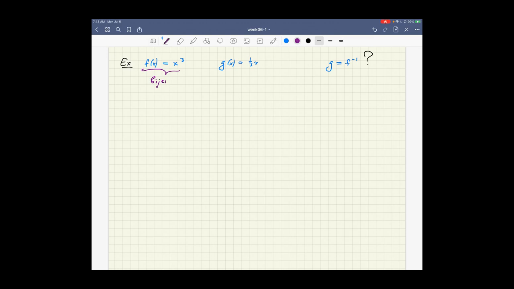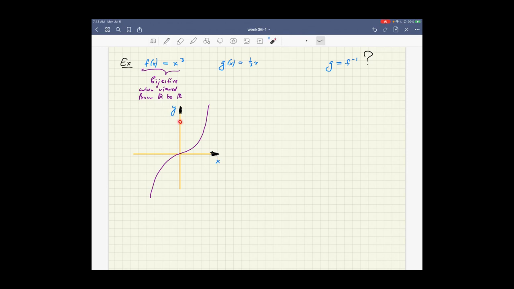That's what we immediately see, even when viewed from R to R, that is because x cubed is both injective, it's monotone increasing, and surjective.